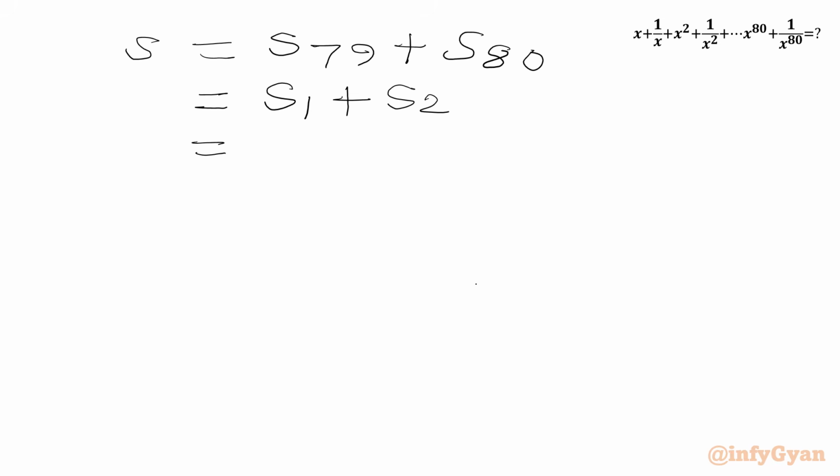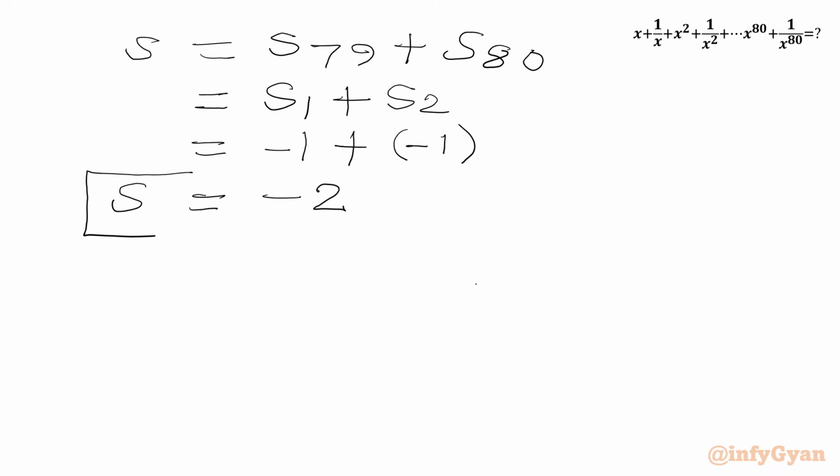S1 is negative 1, x plus 1 over x, and S2 is x square plus 1 over x square, which is also negative 1. So we can get minus 2. So our answer becomes negative 2.